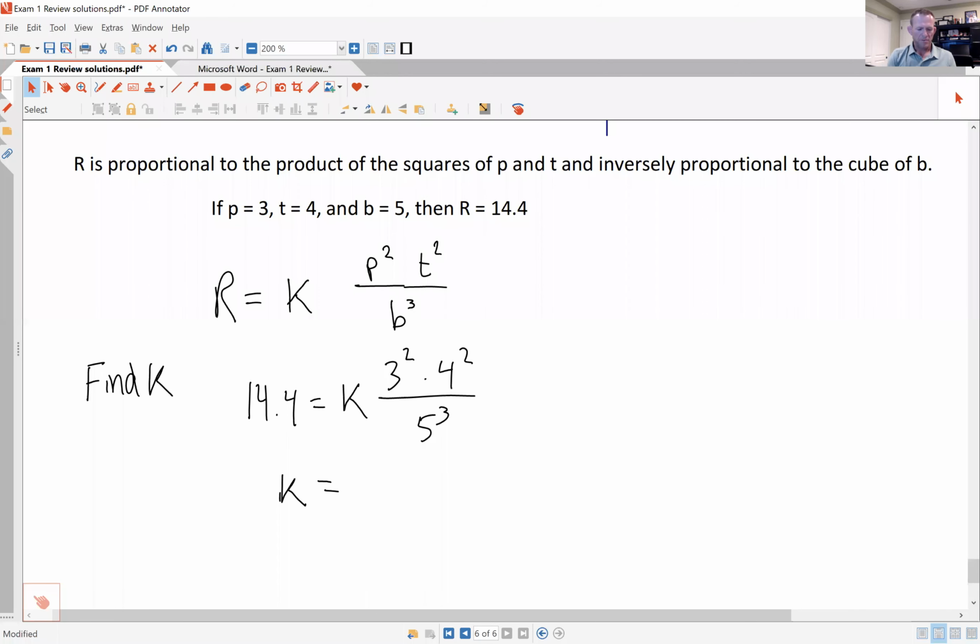And so on the right side, we have 3 squared is 9 times 16 divided by 5 cubed. So that's 1.152.